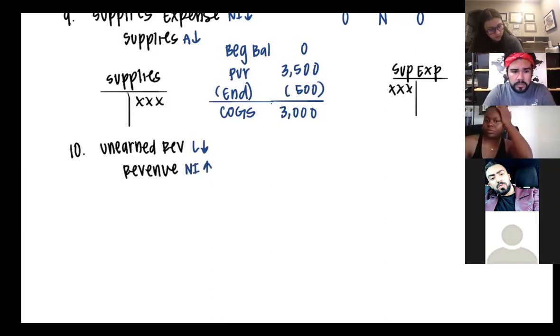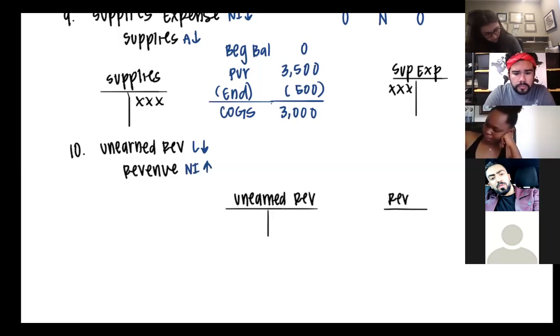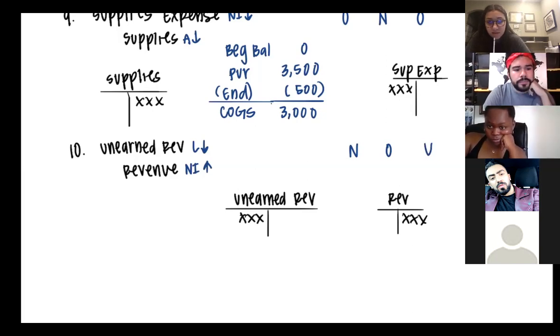Let me do it in T-charts. So nothing happens to our assets because neither of these accounts affect our assets. Our liability should have been lowered and it wasn't. So our liabilities were overstated. And then in terms of our revenue, it should have been increased and it wasn't. So it's understated. Everyone get that one?